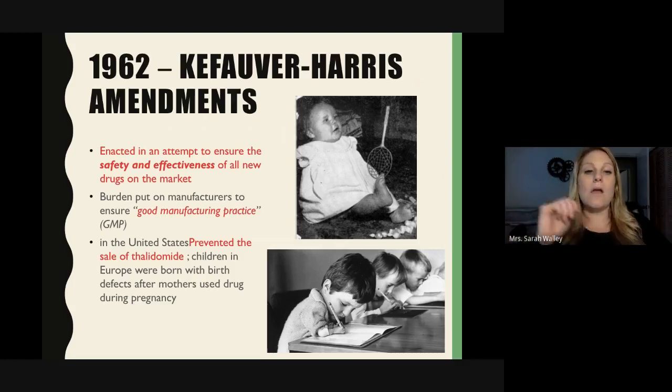And I'll tell you, it's a really good thing that we have this in the United States, because they're very strict on what drugs can come on the market, what's in those drugs, where they come from, regulating what's in the drugs, because in other places like China, for instance, a lot of the manufacturers there are not regulated. So you really don't know what you're getting over there.